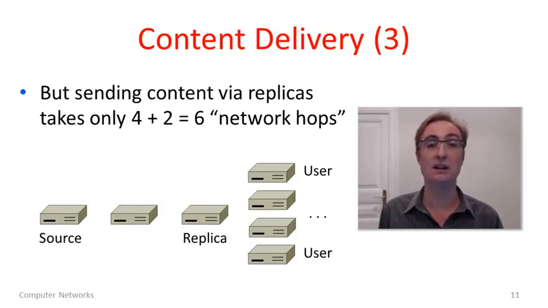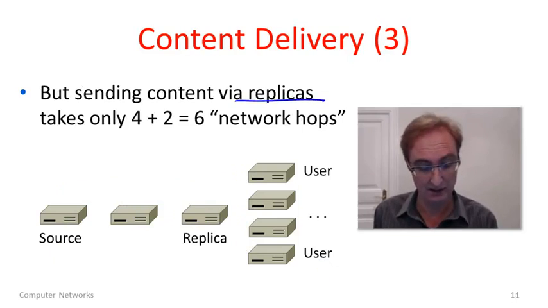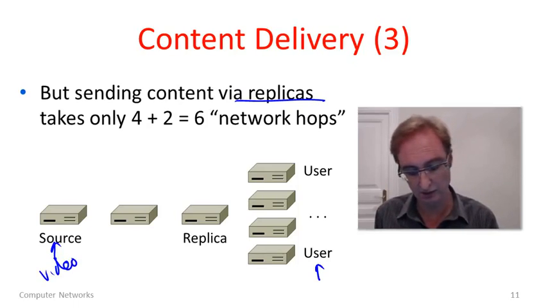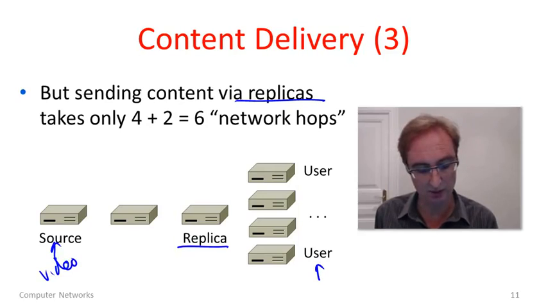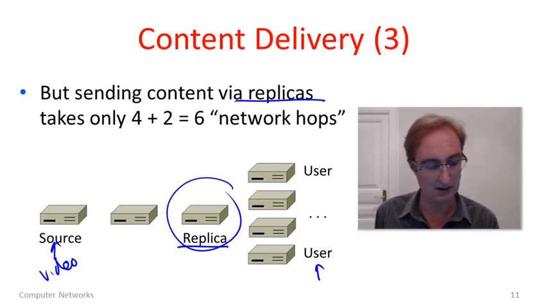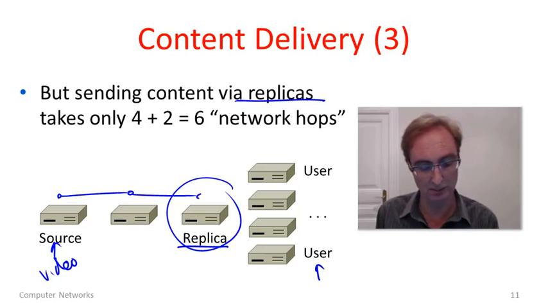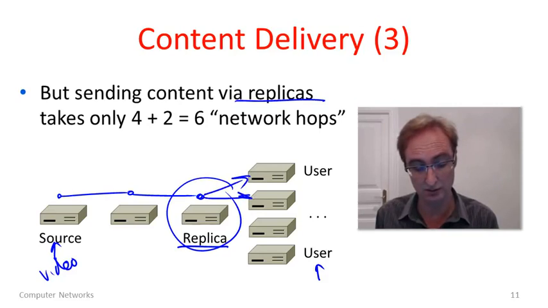Well, now let's send the content via these replicas. Here's a replica node. The source is the same node, where the video starts off. The users are over here on the right, but we've also added this replica node right here. The way we're now going to send the same video to all of these users is to send it from the source once to the replica that's nearby, and then from the replica, which is deliberately placed close to the users, we'll send a copy to each of the users.